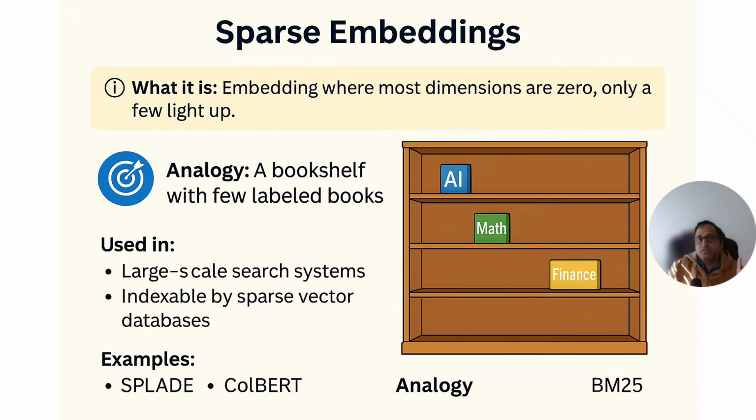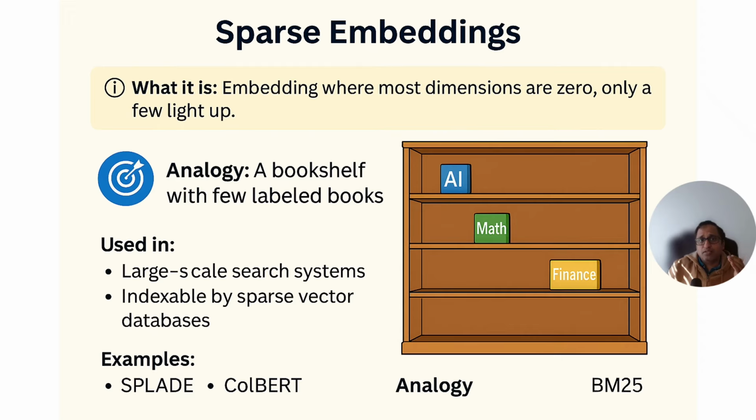That's all you need for this particular input and everything else stays empty. For your study research you require only three books, so you keep only three books on your shelf, not everything else. Sparse embeddings are specifically useful for large scale search systems, and they work well with sparse vector databases like Elasticsearch.